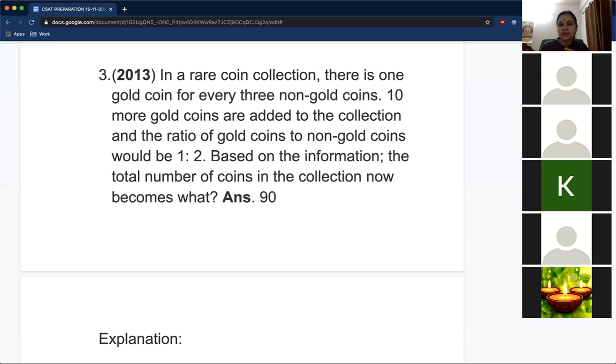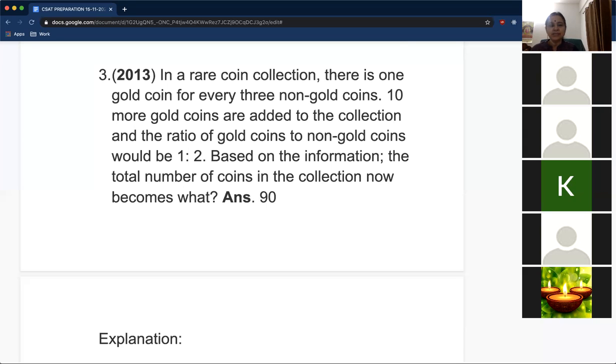Usually the ratio was 1:3, but just by adding 10 of them, it has become 1:2. The question is to first find out how many gold coins and how many non-gold coins, then add the two. The answer is 90.